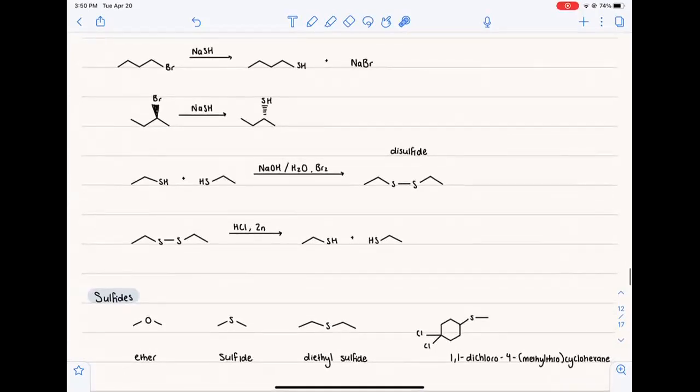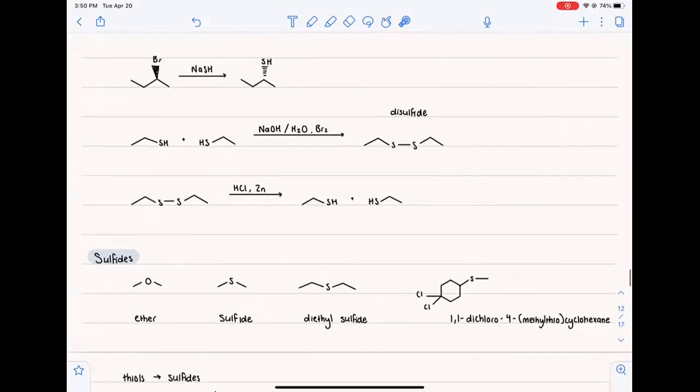I'm assuming that it's happening in one reaction, and that is why. And then over here, we form disulfides with NaOH, H2O, Br2. Bam, disulfide bonds. In class, he called it like sulfile.